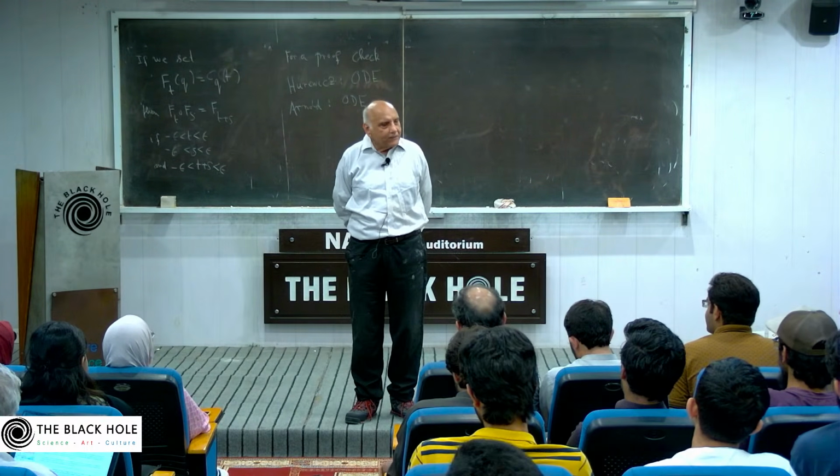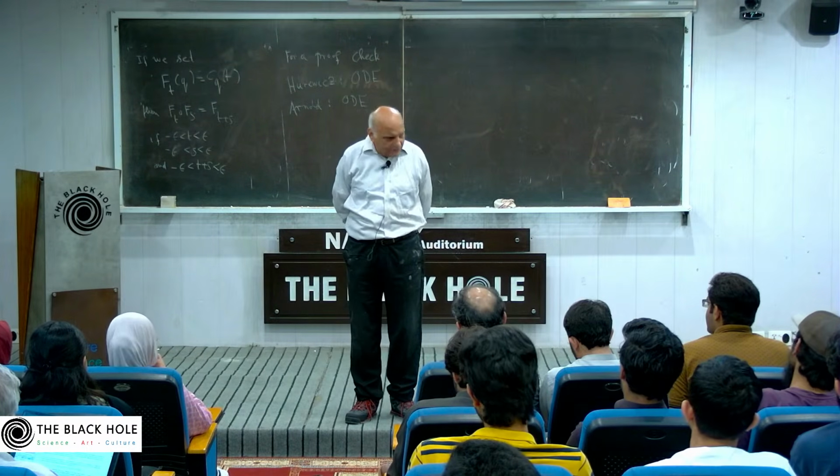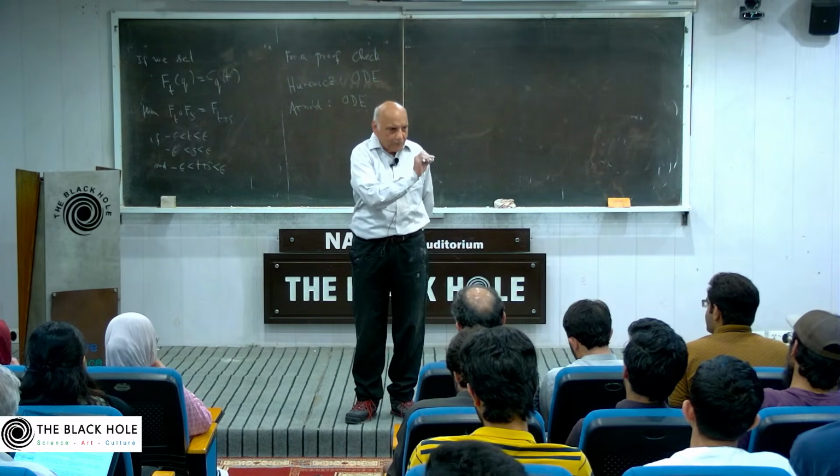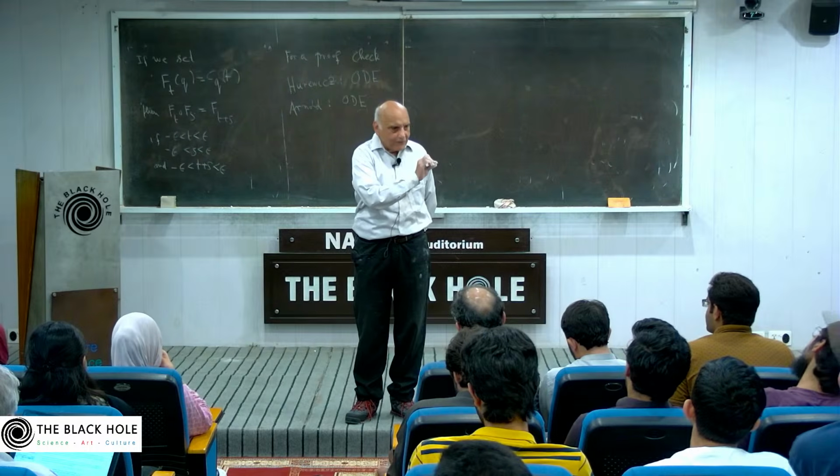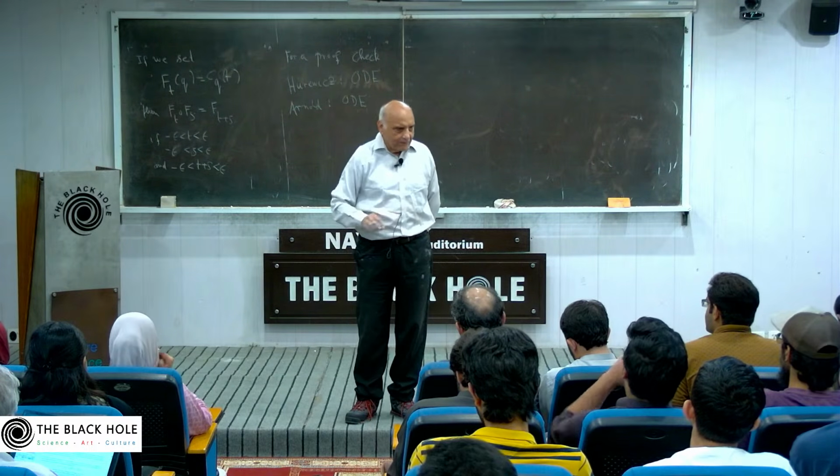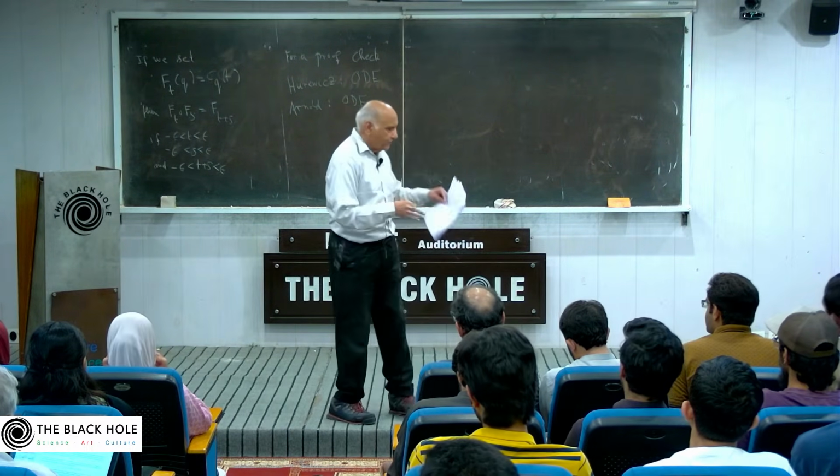So every function now gives a vector field. You start at a point and you plot the vector whose components are partial f by partial x and partial f by partial y. Okay, this is all you have to know.